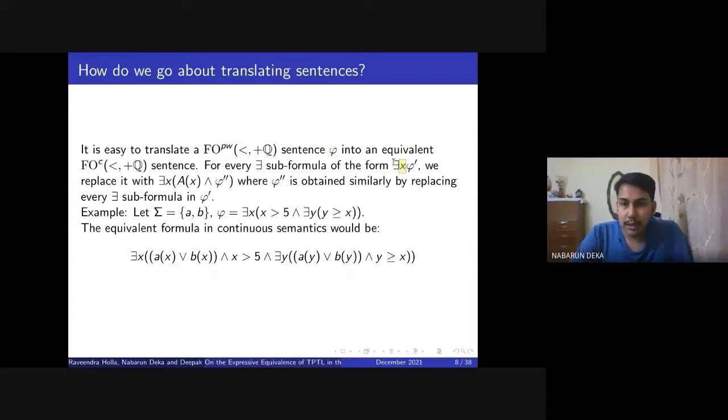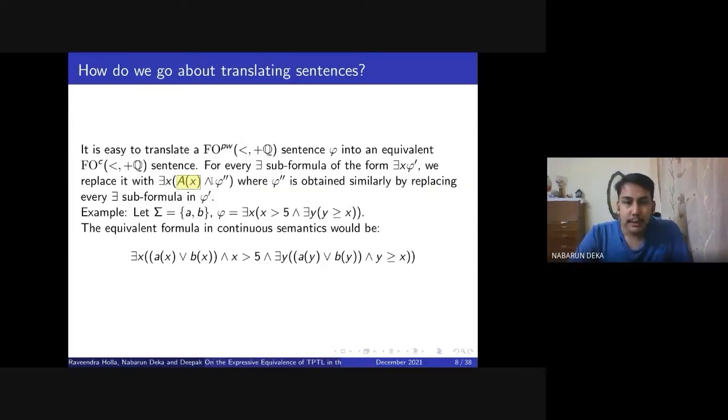So if we see a subformula of the form there exists x phi prime, we replace it by there exists x, capital A of x, which is basically saying x is an action point. So if sigma was a comma b, then capital A of x would be small a x or small b x. So we basically force x to be an action point.